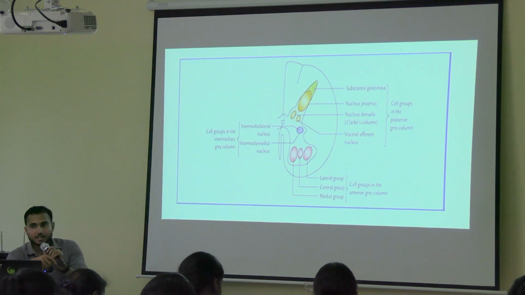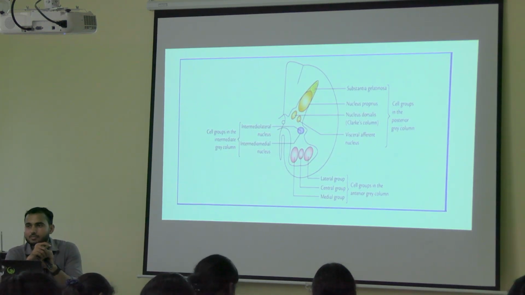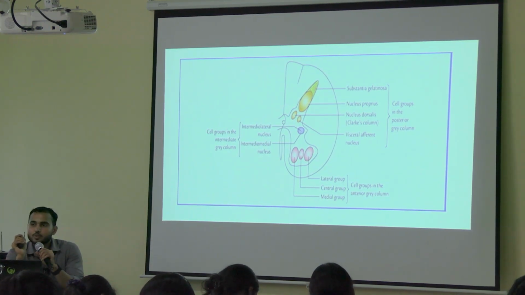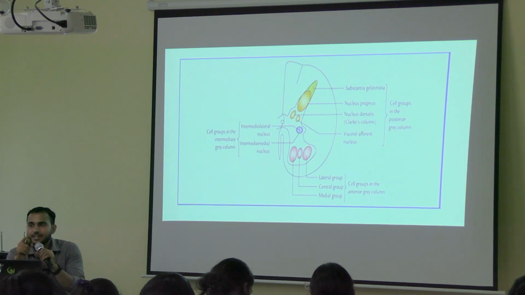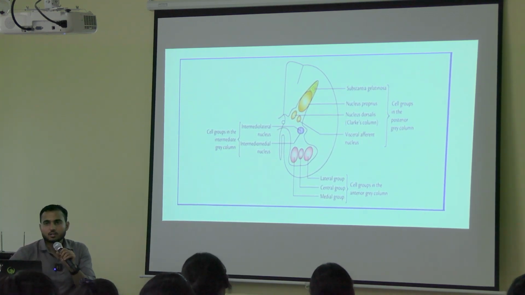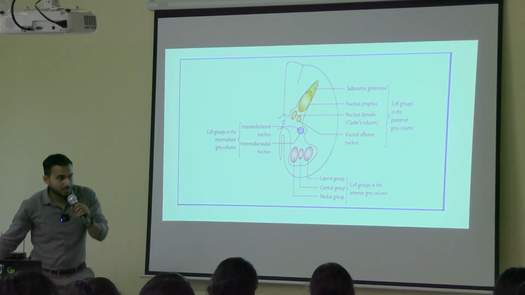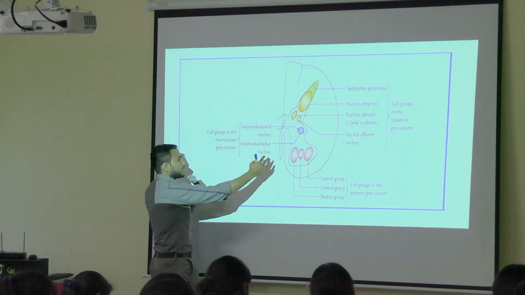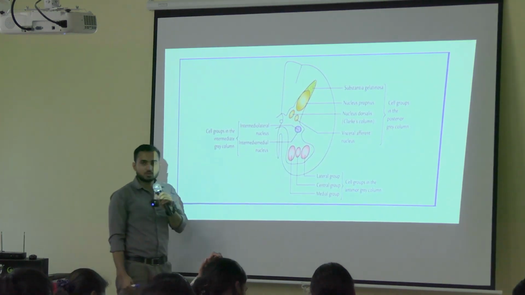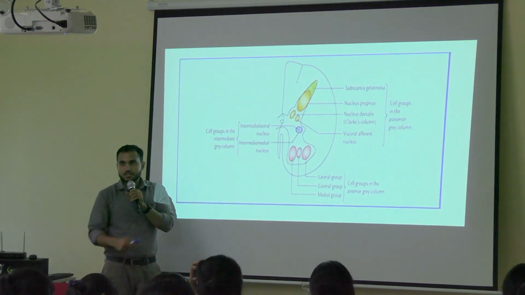Now this is the diagram showing the different types of nerve cell bodies present in the different areas of the gray matter. Here only one half of the gray matter is shown. Why have I shown you this diagram?